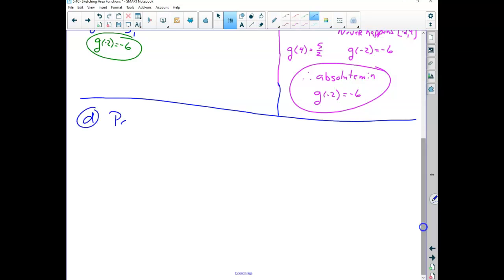A point of inflection happens when G changes from concave up to concave down, or concave down to concave up, right?